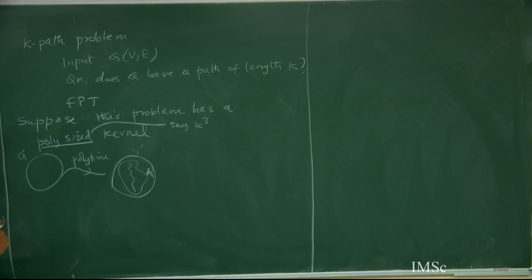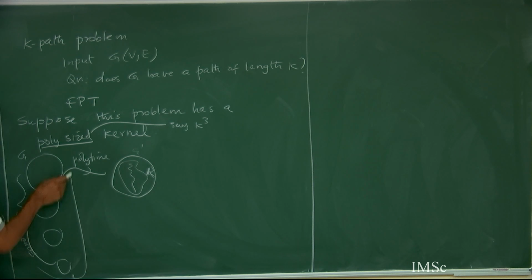Okay. So now suppose I do a disjoint union of some k power 10 such graphs. So what do I do? I take such k power 10 instances, and this is my new graph now.